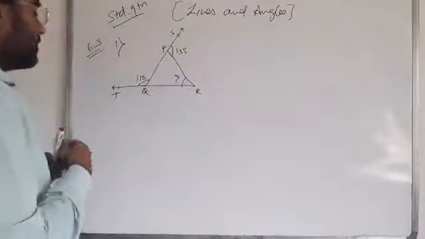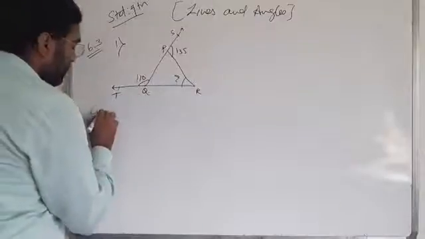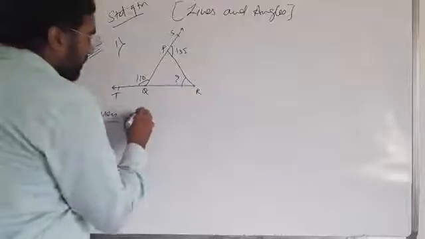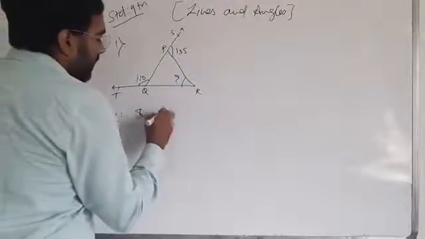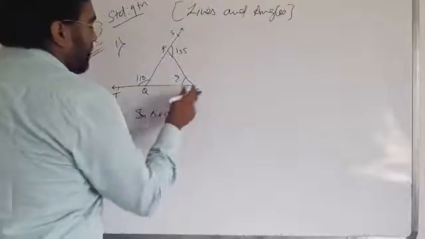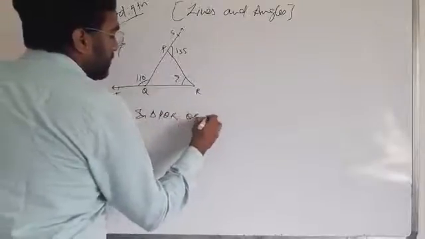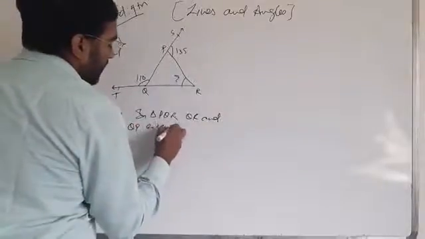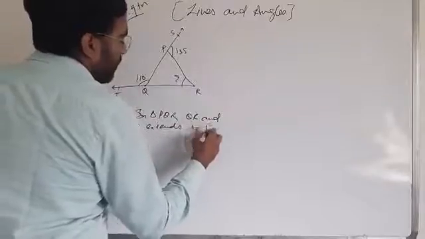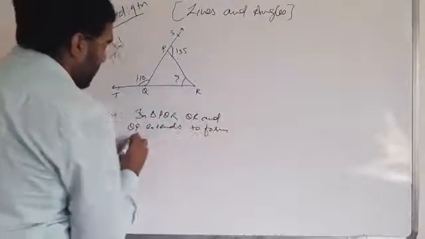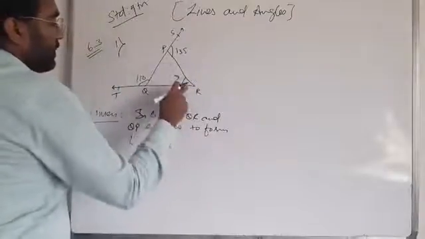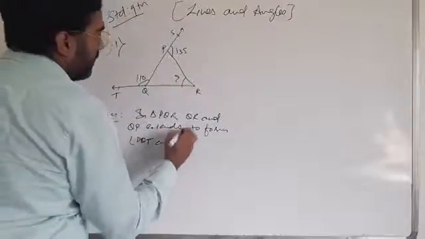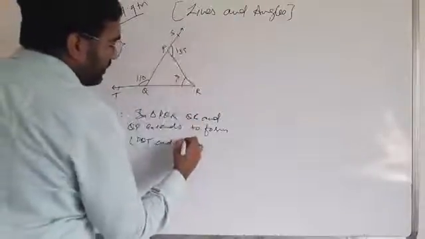Okay, so from the question we should write: given, in triangle PQR, RQ and QP are extended to form angle PQT and angle RPS.